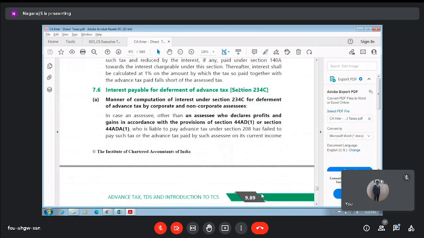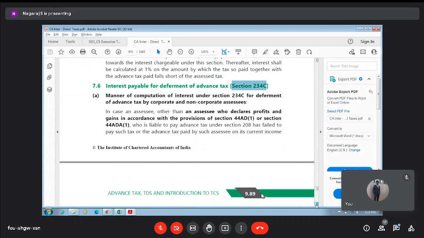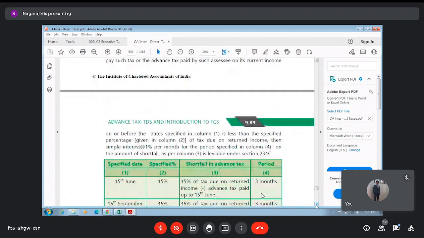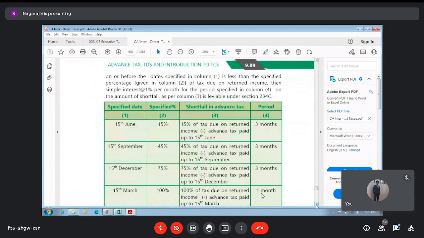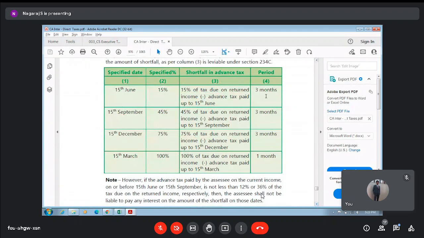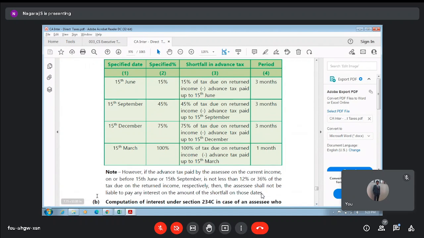Okay, this section we are talking about. Okay, Yes, sir. see, period they have given. Okay, see, this is what I was referring. I don't know why they have not given there.